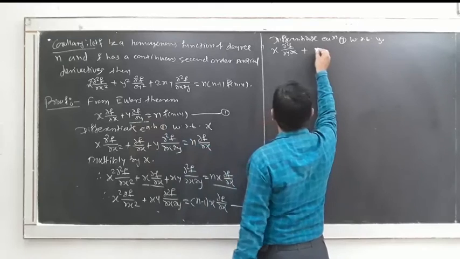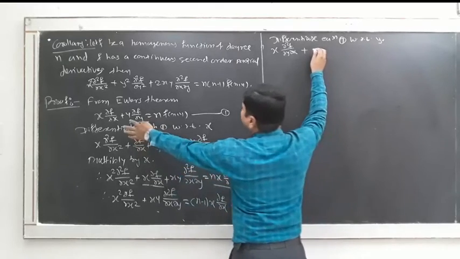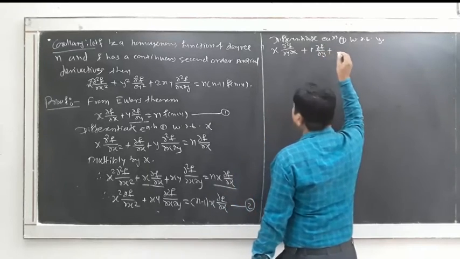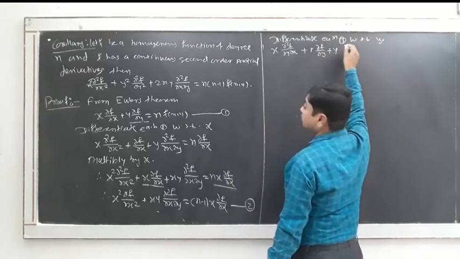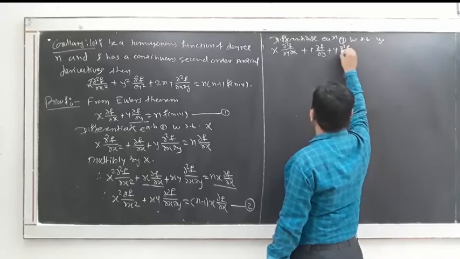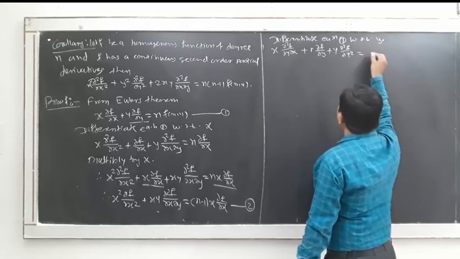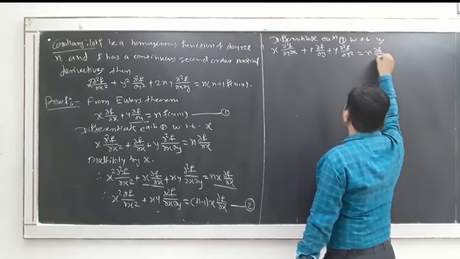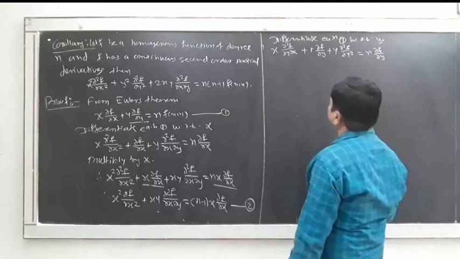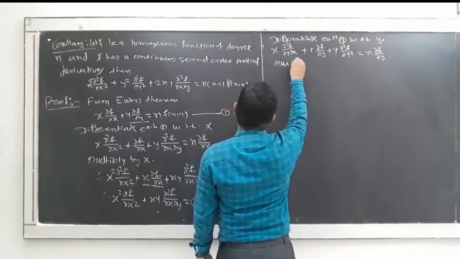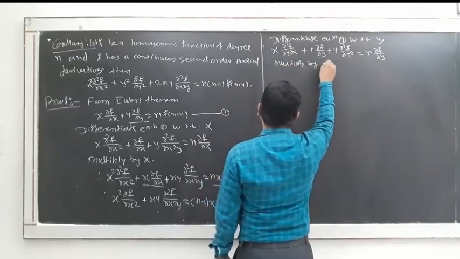So what can we write here? It is the derivative of y, which is 1, into ∂f/∂y, plus y is constant now and it is ∂²f/∂y². It is equal to n into ∂f/∂y. Now again multiply by y.